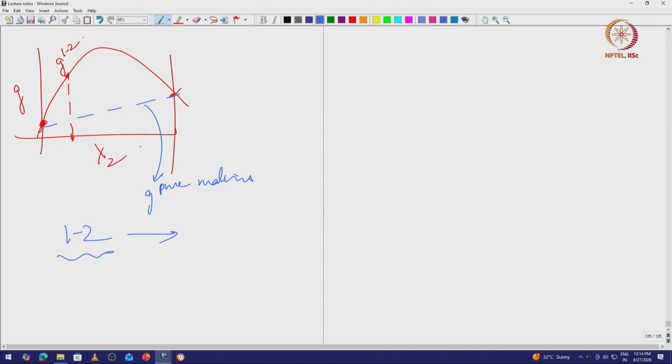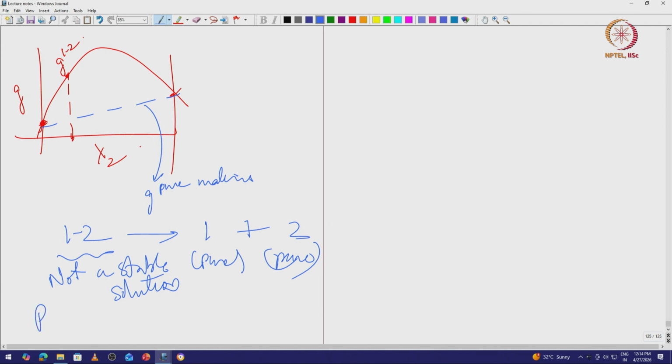Now, this is not a stable solution, this is like water and oil, they will not form a stable solution, they will rather separate out. So, this is pure 1 and this is pure 2. They would rather separate. Turns out oil hates water.